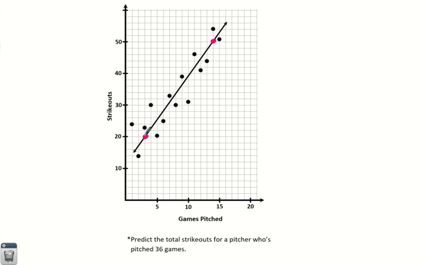You might forget, or you might just naturally be tricked and go 1, 2, 3, 4, 5, 6, 7, 8, 9, 10, 11, 12, 13, 14, 15 as my rise. But guess what? The rise here is not 15 because it looks like here we're making jumps of 2. See, look, 20 to 30, that'd be 2, 4, 6, 8, 10, yeah. So this would be by jumps of 2.